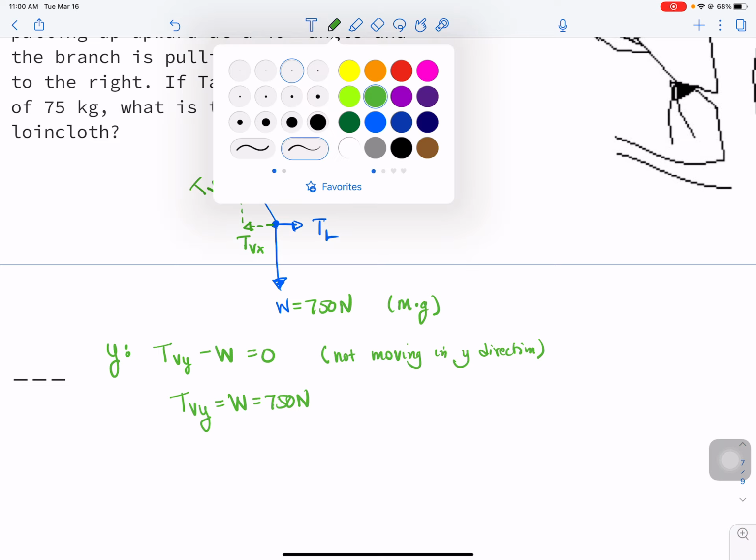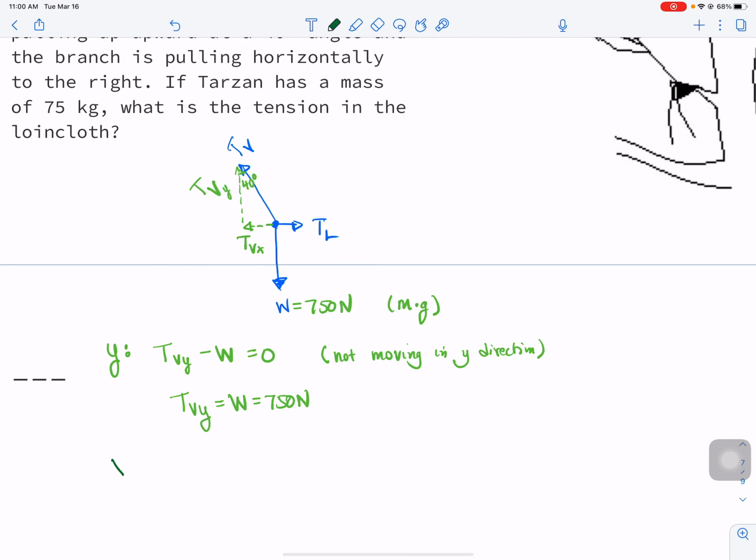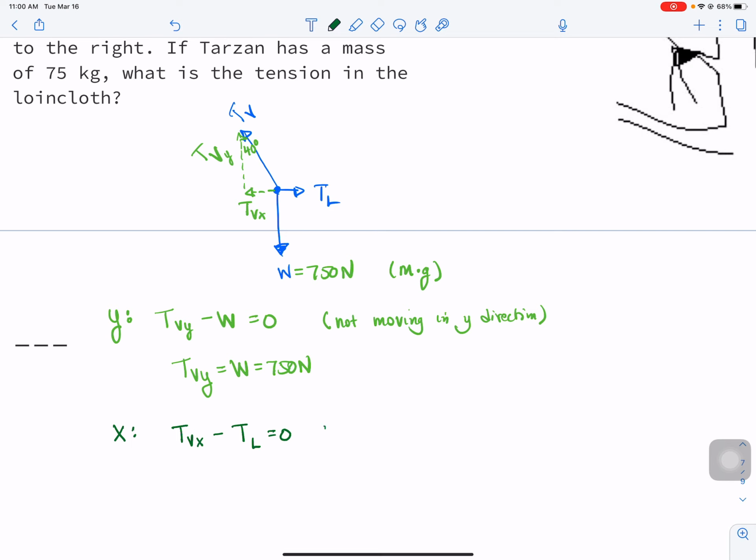All right, now we want to look in the x direction. So in the x direction, I've got tension in the vine in the x direction minus tension in the loincloth, and that is equal to 0. And again, not moving in x direction. So tension in the vine in the x direction is equal to tension in the loincloth.